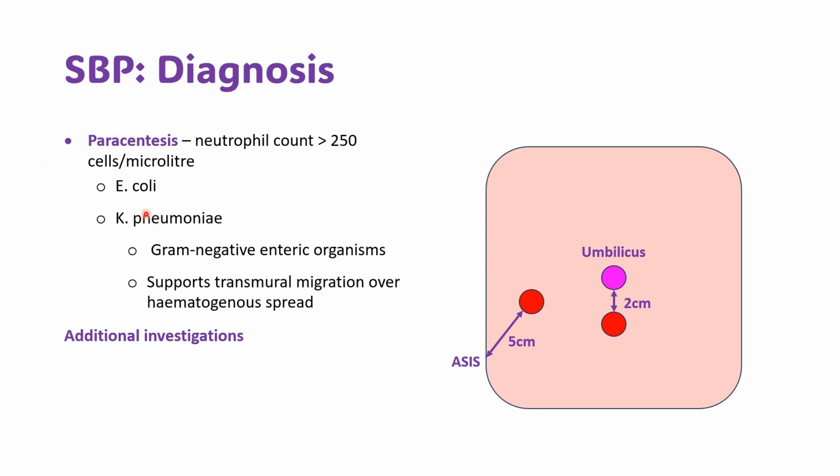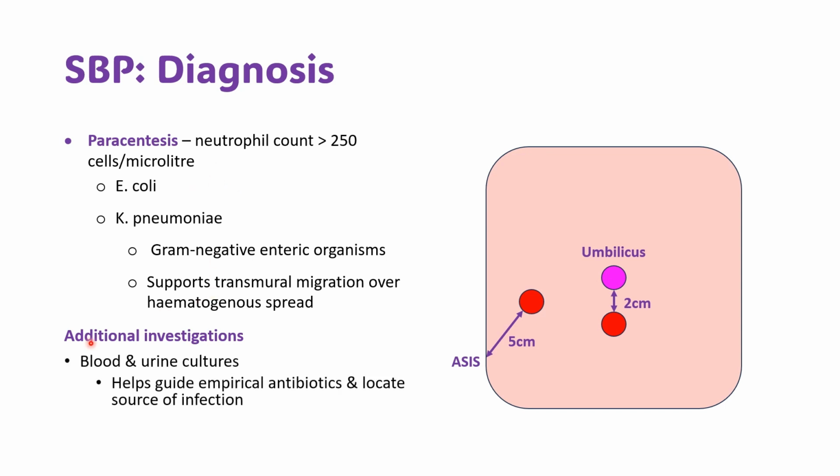Some of the organisms that might be isolated include E. coli, Klebsiella and Klebsiella pneumoniae, and these are gram-negative enteric organisms, so within the intestine, and this supports the transmural migration theory over the hematogenous spread theory. Okay, and then if a patient's also having peritoneal dialysis, you can sample the fluid using that method as well. So that's worth mentioning.